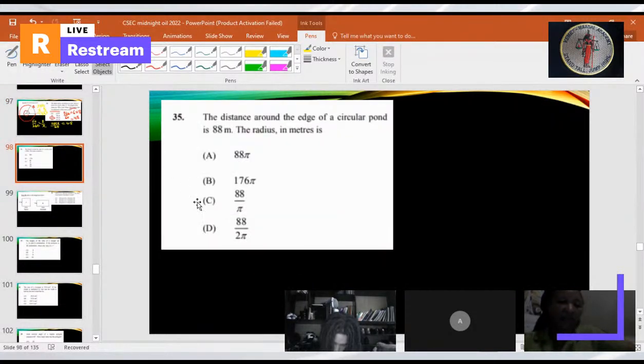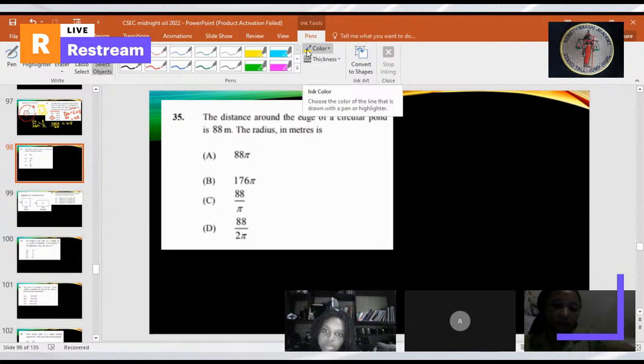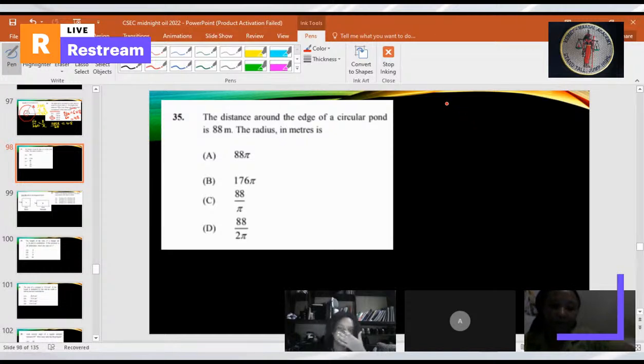All right, Imani, 35. Miss, number 35. The distance around the edge of a circular pond is 88 meters. The radius in meters is? So the distance around would be the circumference or the perimeter.